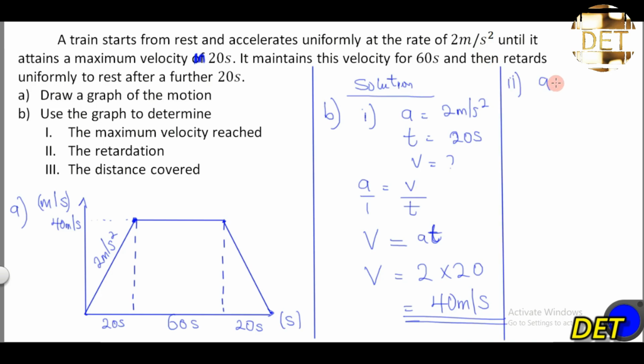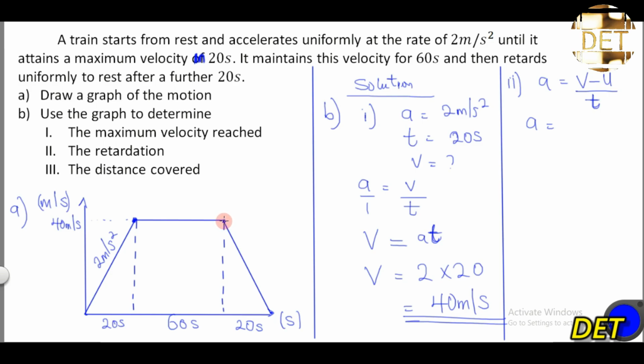So you should know that acceleration is equal to what? Final velocity minus initial velocity over the time taken, right? So what is my final velocity? Because the body is retarding, we have to look for the retardation.